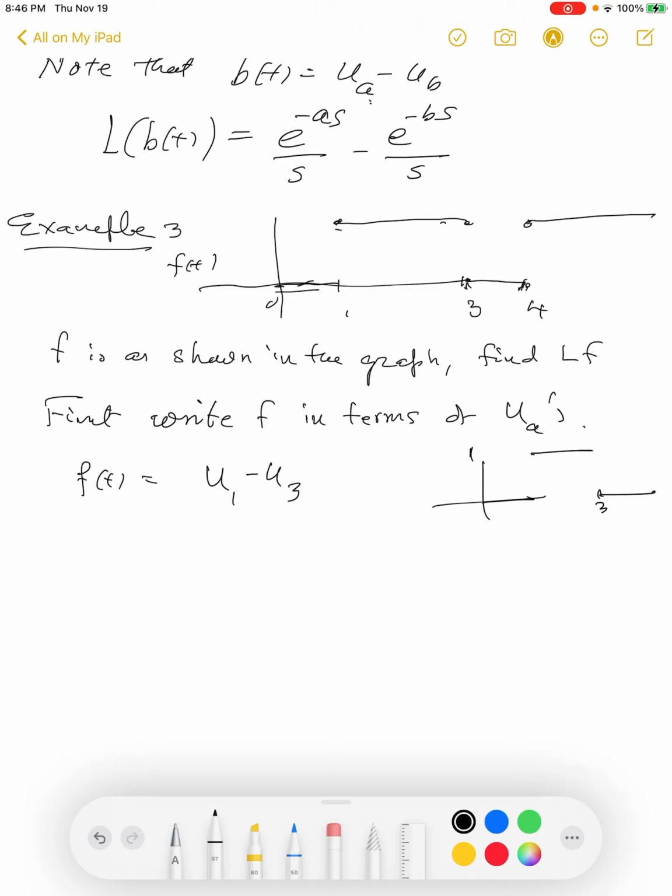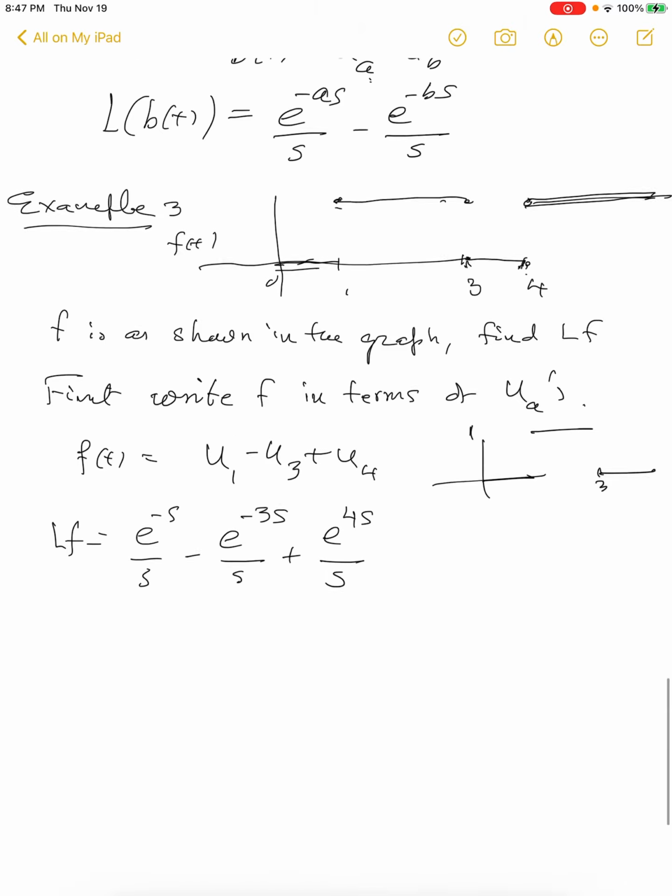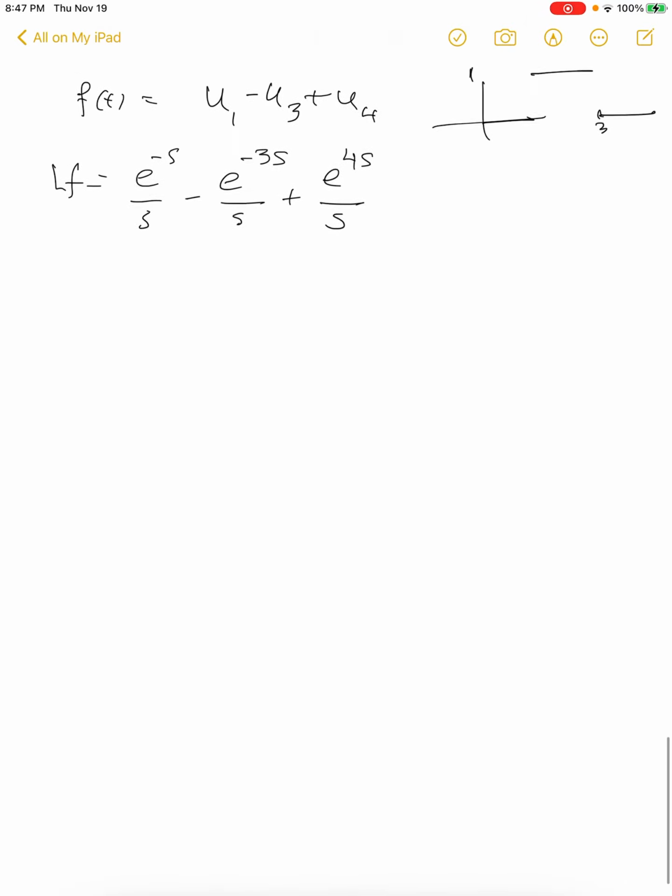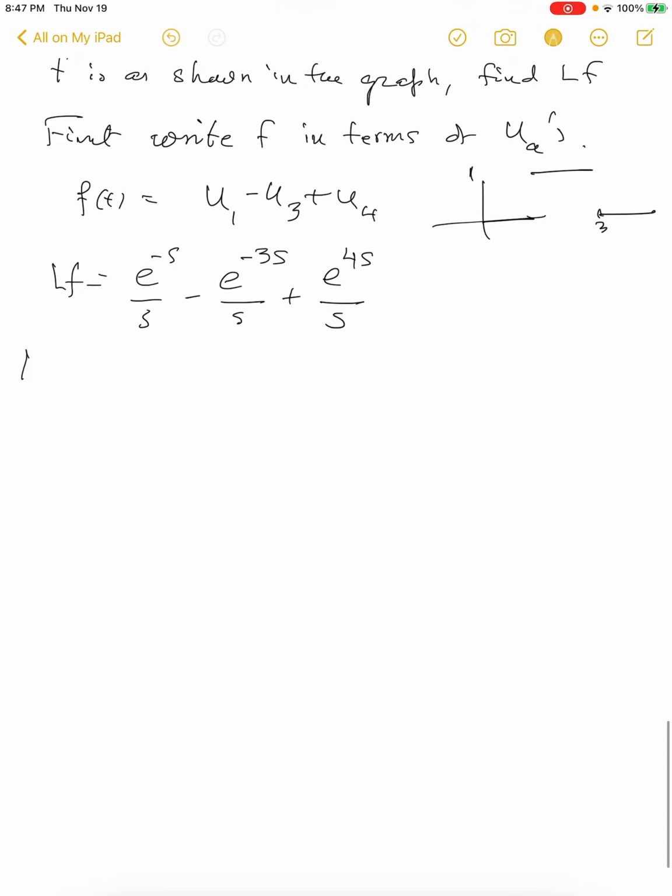Then you have to add a u4 because you want everything to be 1 after 4. So this is your function, and so LF of this will be e to the minus s by s minus e to the minus 3s by s plus e to the minus 4s by s, because Laplace transform of ua is e to the minus as by s. So this is okay.